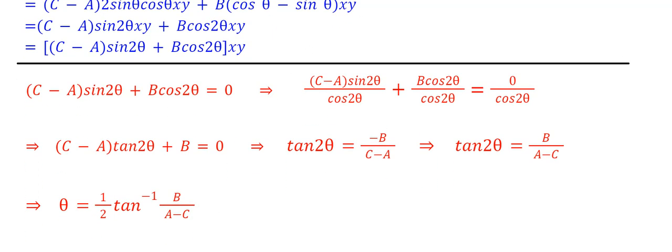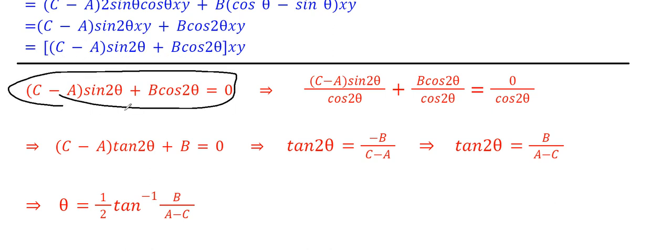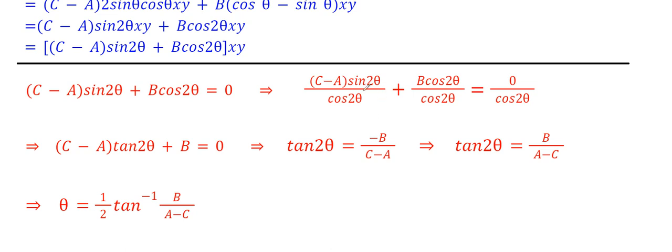To finish up here, we just take this coefficient, set it equal to 0, and solve. The way we solve is we divide everything by cosine of 2 theta so that we can turn this into tangent of 2 theta and this into a 1. And this continues being 0, of course, so that gets us to here.